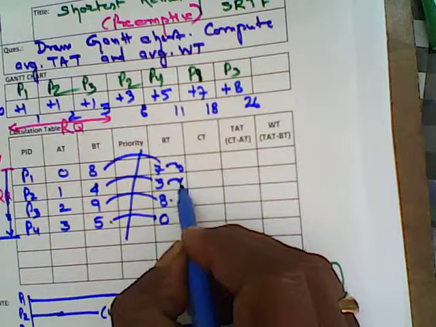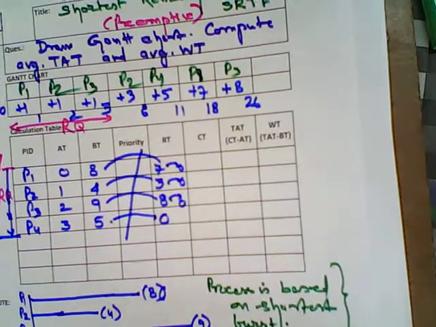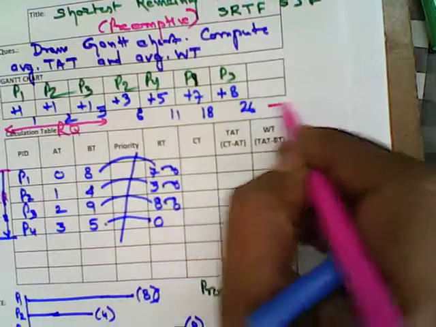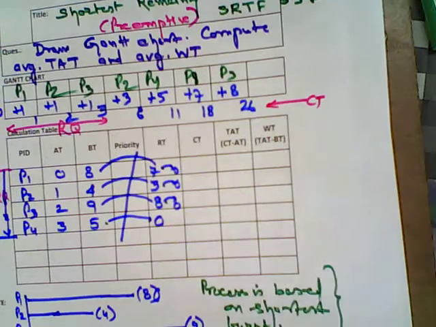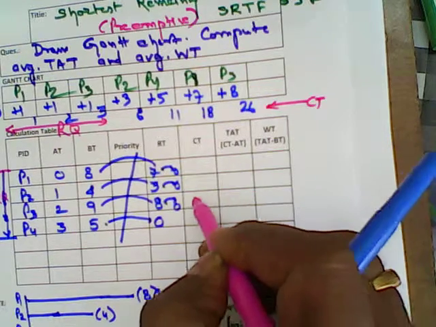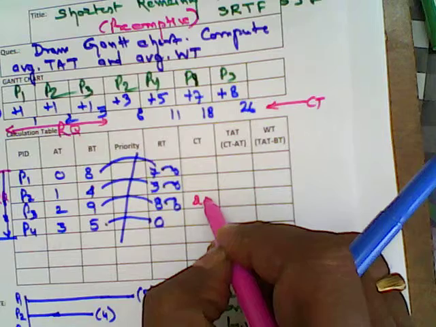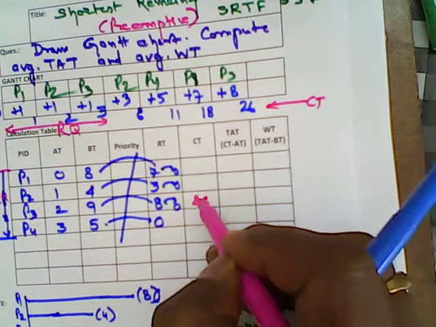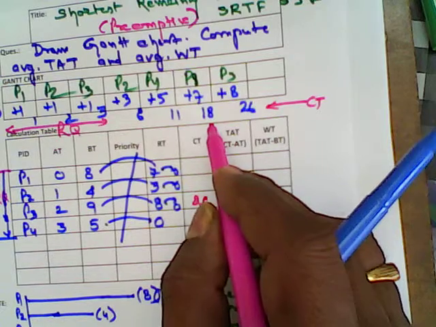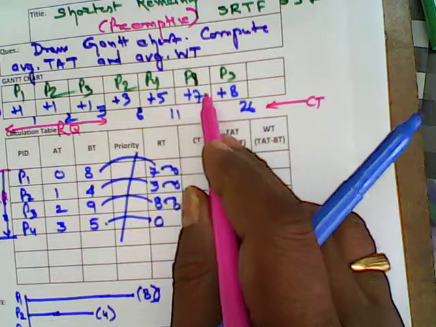Now let us see the completion times. If you see from here, CT, which process completes at the last? P3. So P3 completes at the time interval of 26. Now the next process which is going to complete just before P3 is P1. P1 is 18, and before that P4 is 11.